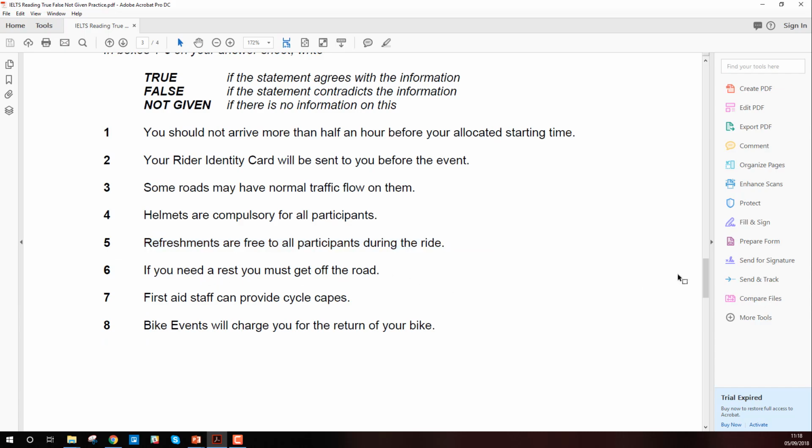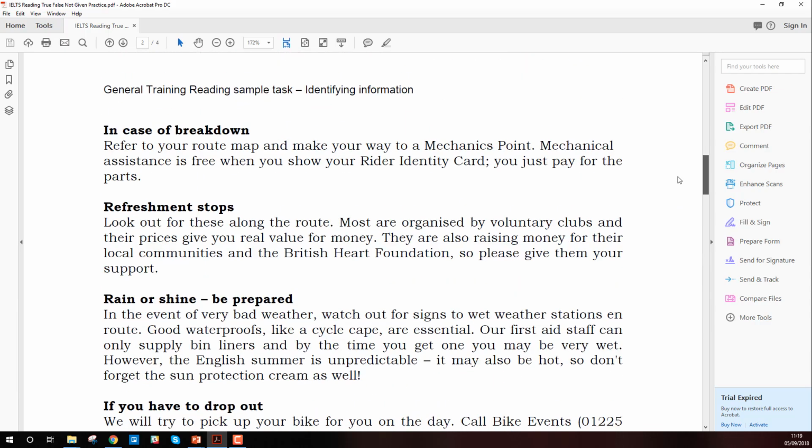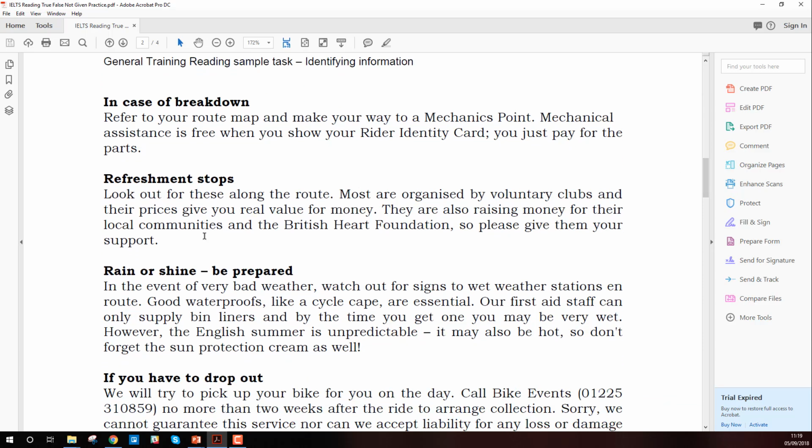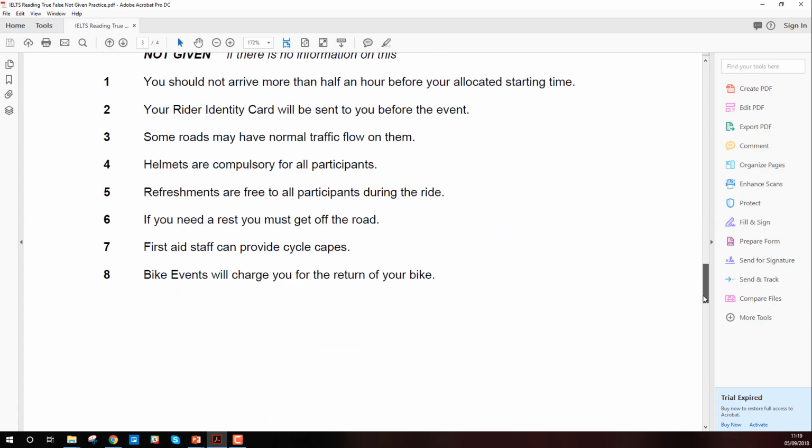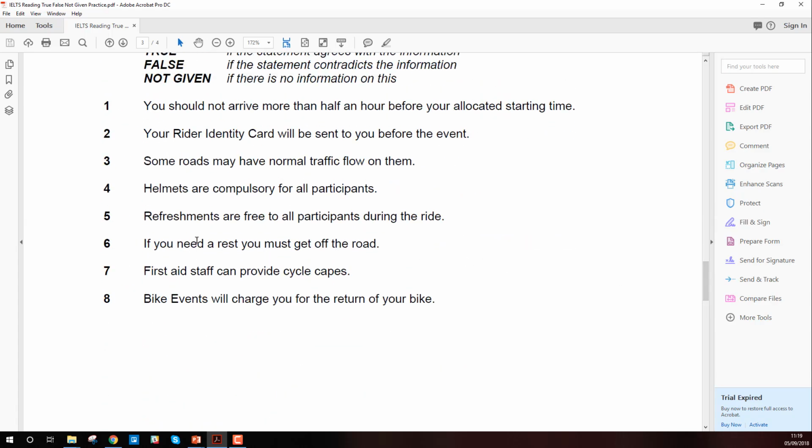If you need a rest, you must get off the road. Okay, so let's look for rest stop, or in the event of bad weather. No. Cycle cape. Okay, so another little trick. We're looking for number 6. But immediately after number 5, they talk about cycle capes.